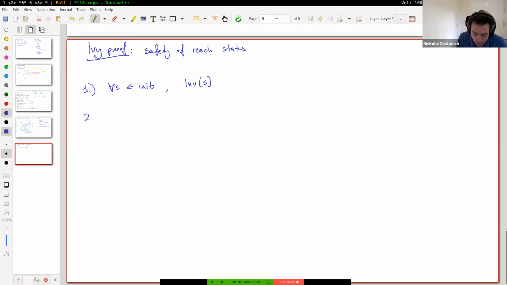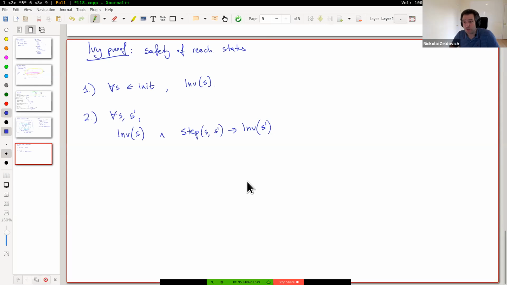And the second rule here is that whenever you have two states, basically you go from one state to another state S prime, well, if the invariant held on the starting state and you can actually step from state S to S prime, then the invariant has to hold on the new state where you got to.